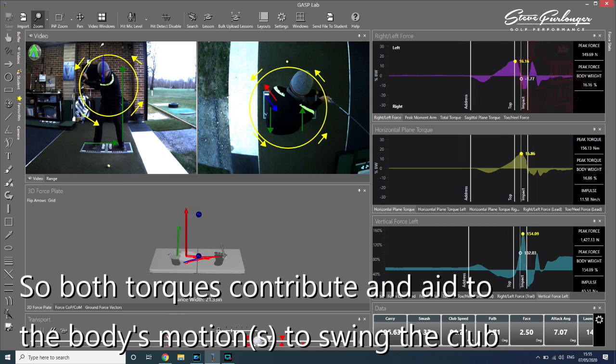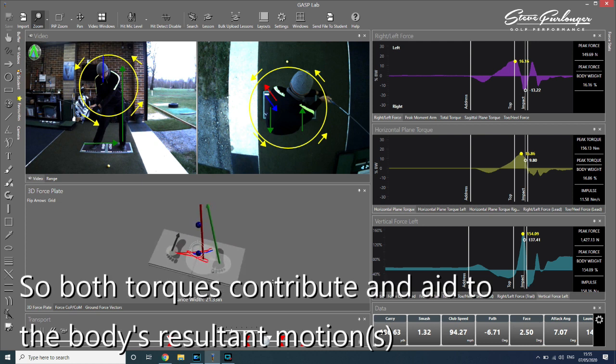If I move it down to P5.5 here, you can start to see my head start to move backwards and upwards a fraction. So from P5.5 into 6, my head is going up and back from this arrow pushing me.